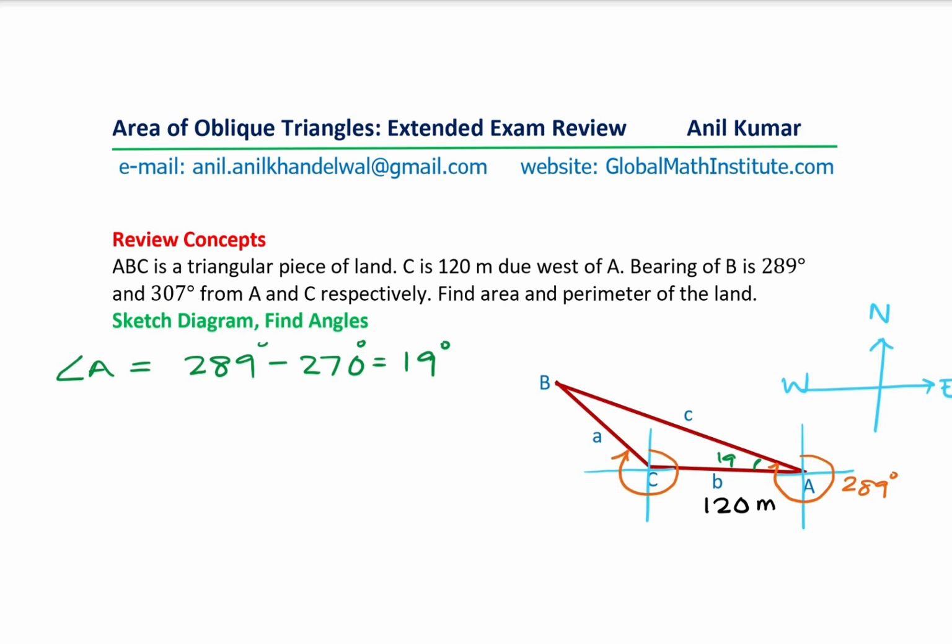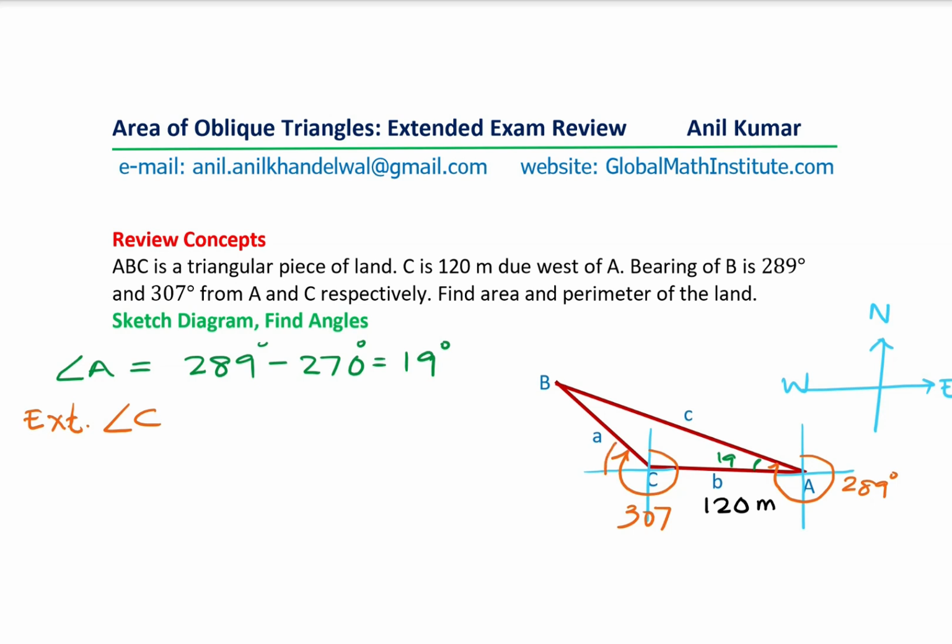And this is 307. So to find the angle, what we will do here is we'll find the external angle C. So let me write down first external angle. External angle C, what I'm trying to say is this angle. Is that clear to you?